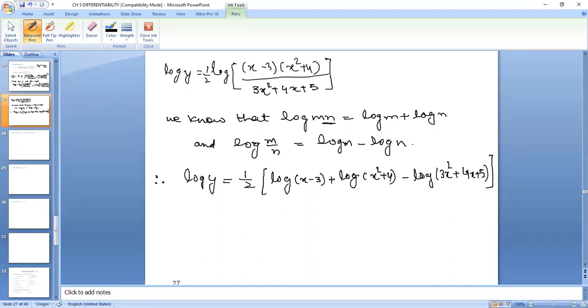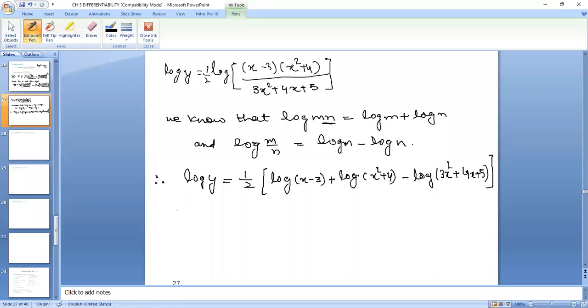The term in the denominator we have taken with the negative sign. Now we have simplified it to the maximum level we could.